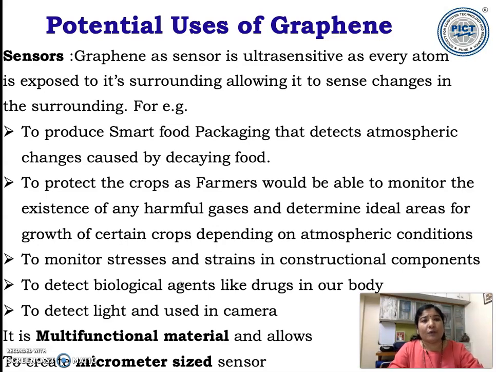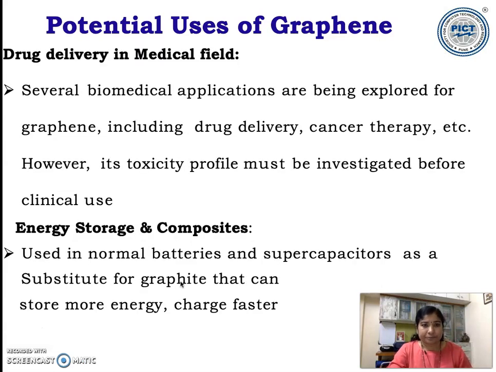Let's see whether any product is there in the market right now. But before that, let me discuss two more uses. It can be used in the medical field for drug delivery. Some biomedical applications are also there for graphene, including drug delivery and cancer therapy, etc. But before using it, its toxicity profile must be investigated.